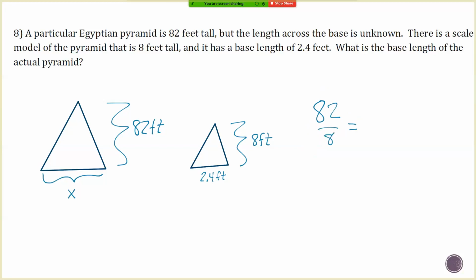So height of the big one divided by height of the little one. When you go to the other fraction, you have to remain consistent. So the 82 came from the big pyramid. So when I pick the numerator over here, I have to pick the x for the base of the big pyramid. I think you flipped them. Did you write the 2.4 on the top or the bottom? The top. Okay, that's what it was.